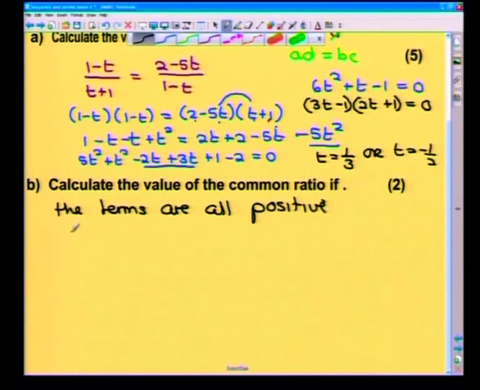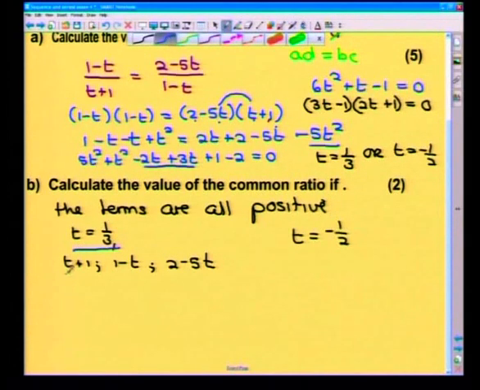Now, if we look at this, we have to first of all look at what our terms look like. We have two possibilities for t. The actual sequence was t plus 1, 1 minus t, and 2 minus 5t. So if we go with the first one, where we're going to put in 1/3: 1/3 plus 1 is 1 1/3, or if you like, 4/3.